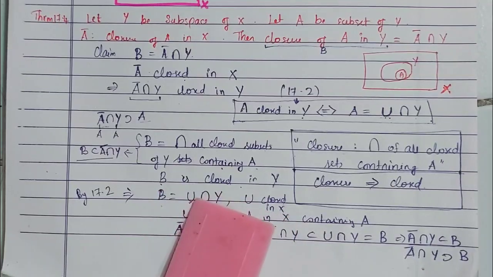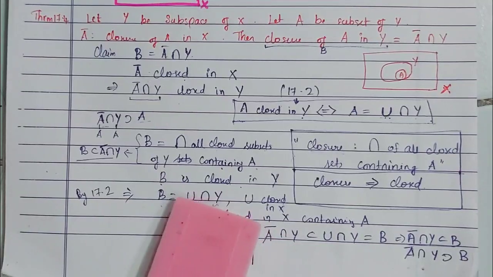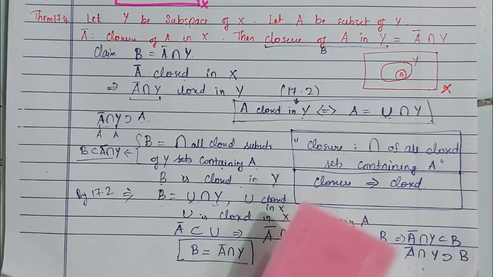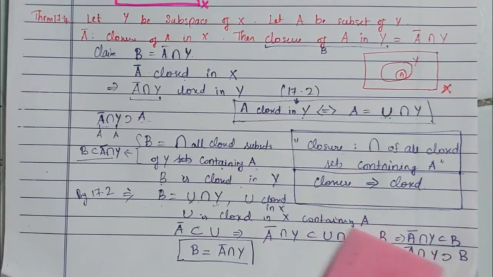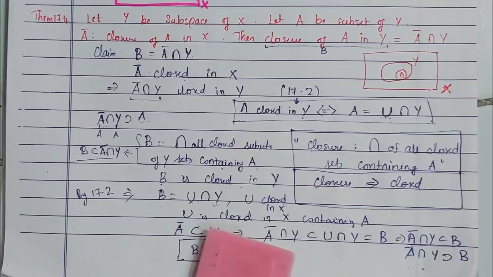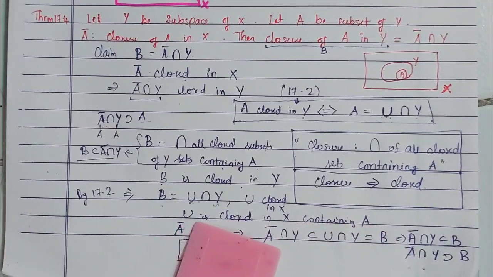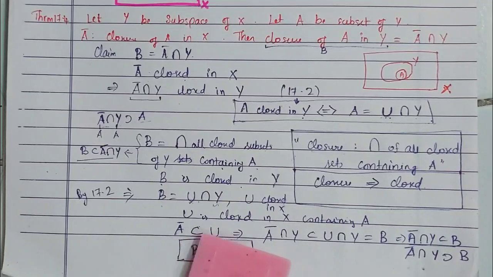Why do we need this? Because you have this U, but you have to replace it with A closure. So what is the relation between U and A closure? U is closed in X, and importantly, U is closed in X containing A, because U will also contain A. So U will be containing this A, so A closure is contained in U. Taking intersection with Y on both sides, we get this one.